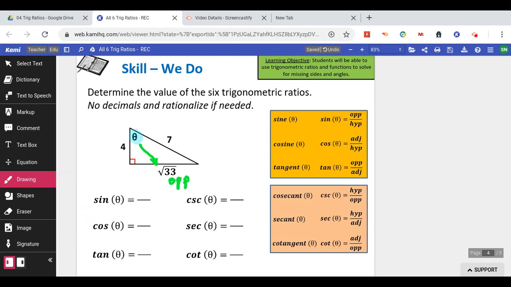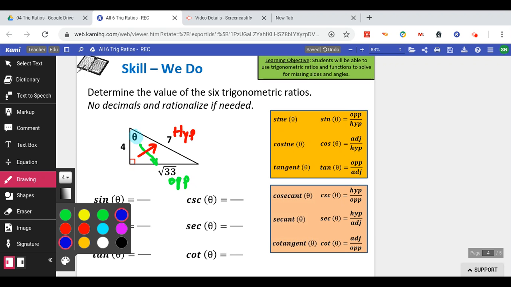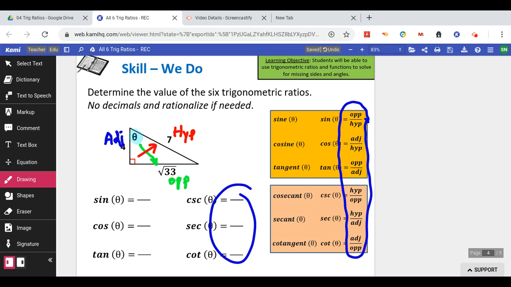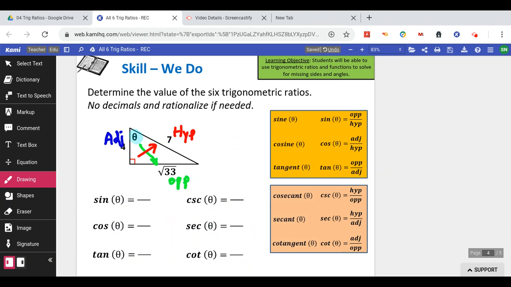Across from the 90-degree angle, which is right here, we have the hypotenuse. And we also have the adjacent side. And for this one, we're going to be looking at all these ratios in order to find the 6 trigonometric ratios.